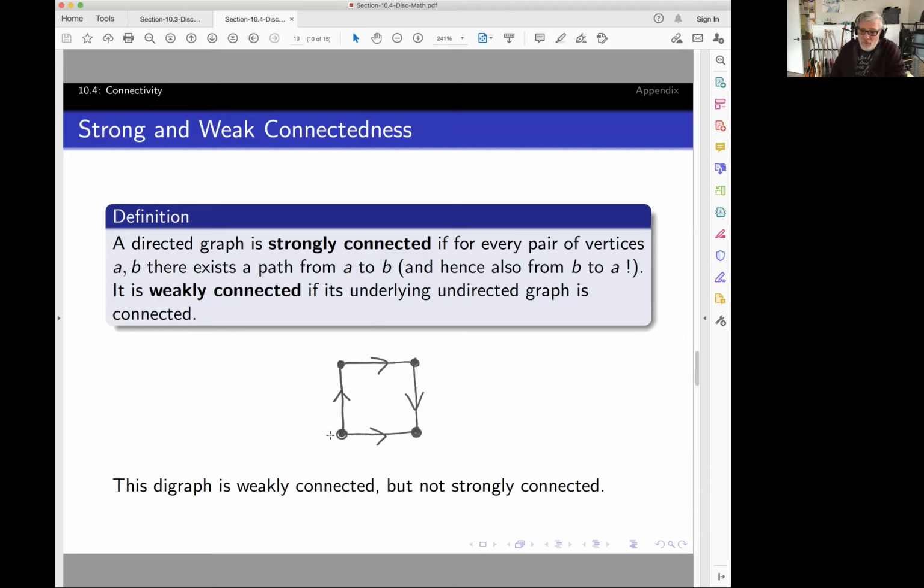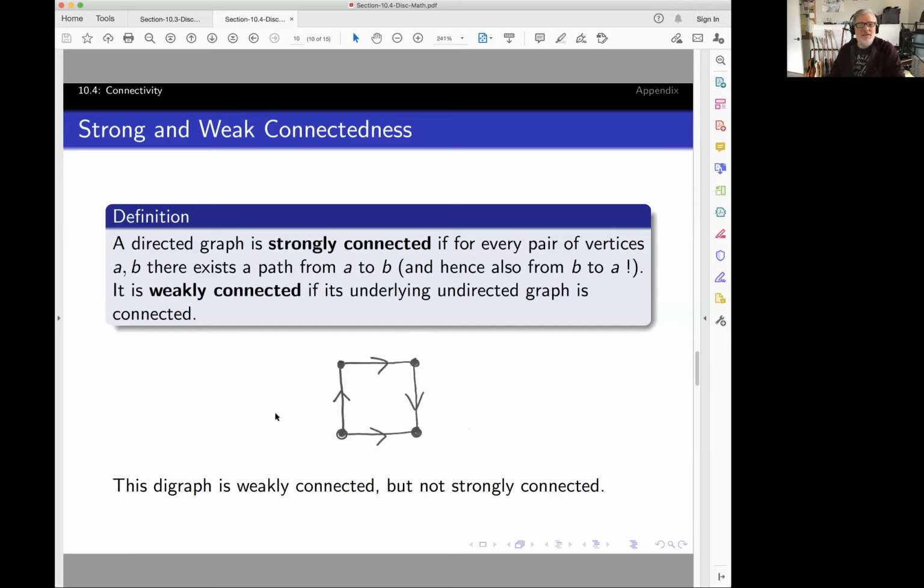But if you're driving around and you start, let's say, here, you can drive to this place, but you'll never be able to come back. Once you've reached this point, you're stuck. The only way is the wrong way. So we want to be able to make a distinction between these situations.